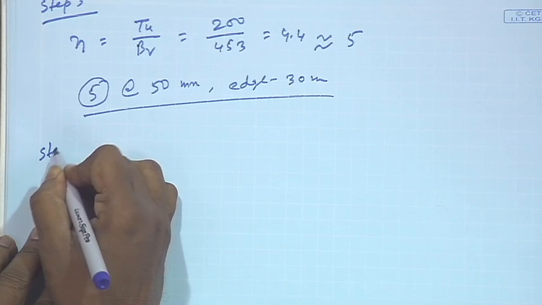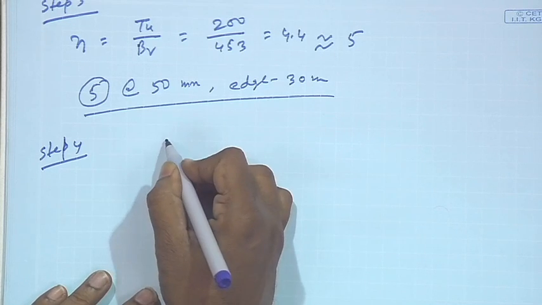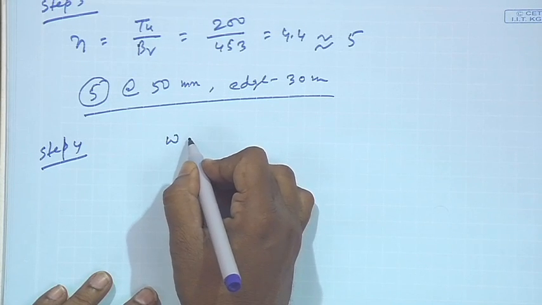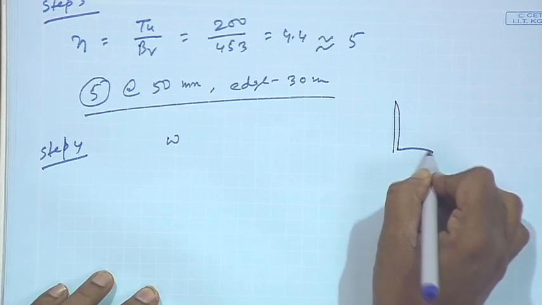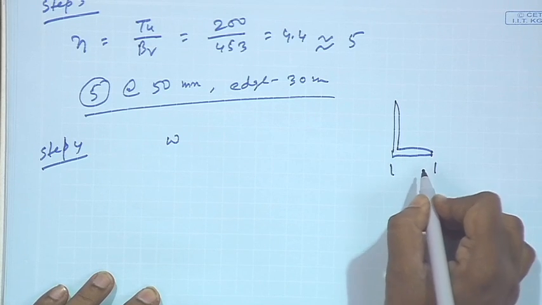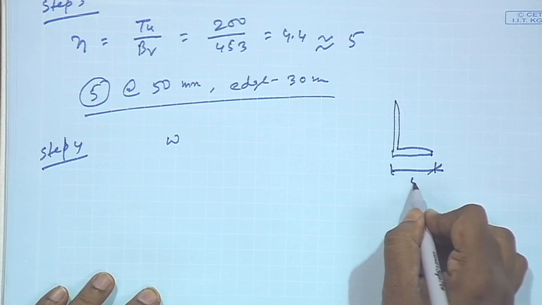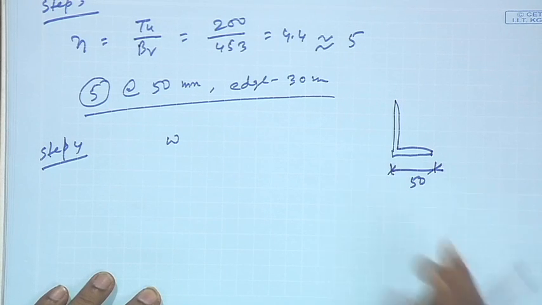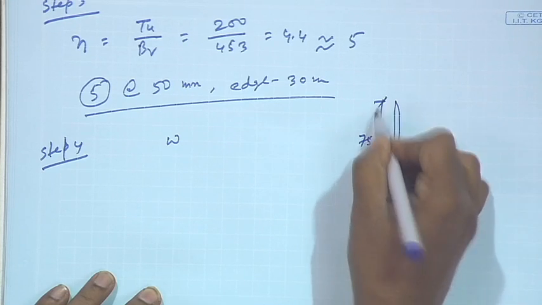So, step 4, if I go to step 4, I can find out rupture strength. So, here I can see that W, the outstanding length, if I draw the section, this is the section we have considered, where this is 50, right, and this is 75, right.